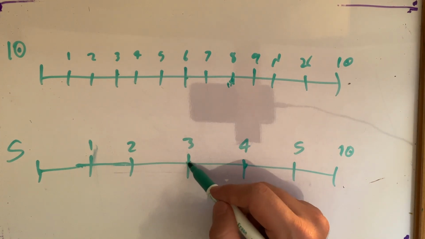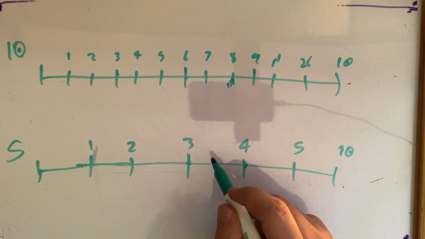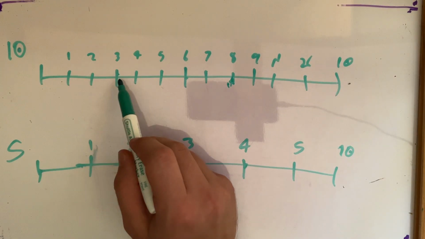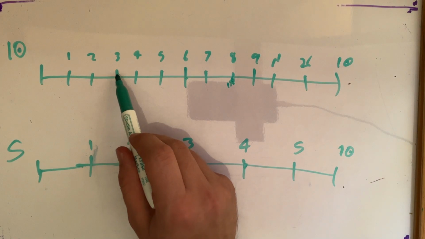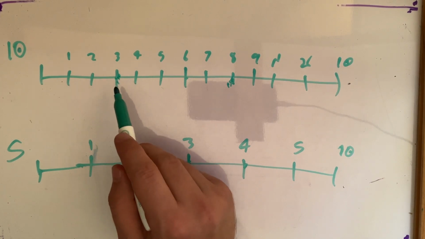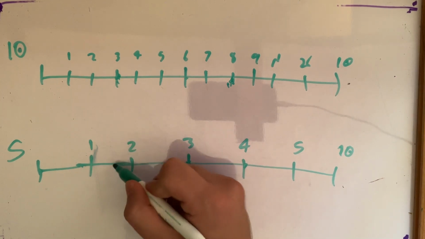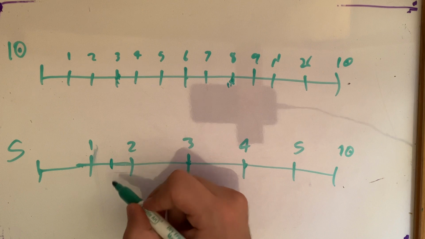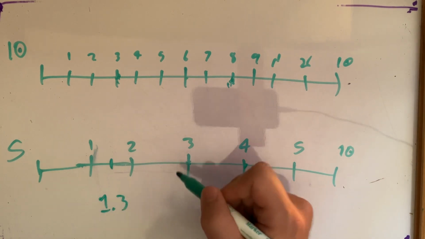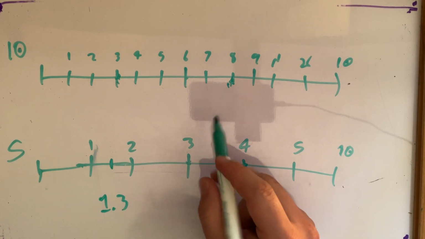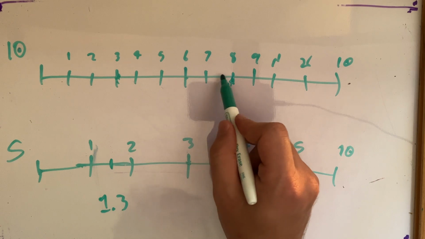Well, it would be 3 cinches. Okay, what about 3 inches in cinches? That's going to become 1.5. So that's 1.3 cinches.